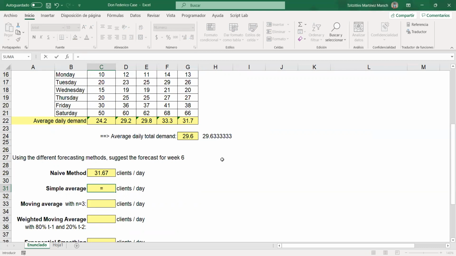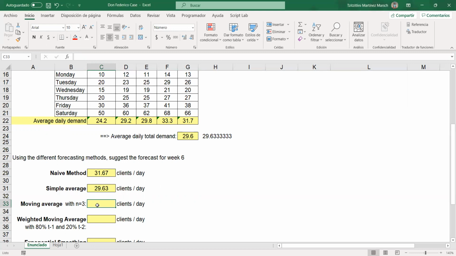We're going to be taking the average of all the periods that I have, so from week 1 to week 5, and I take the average. So considering this, for my naive method I have 31.67 clients, and this is very important, we don't round them up until we find our final average, until we make our final forecast. In between that, we're always considering the decimals.